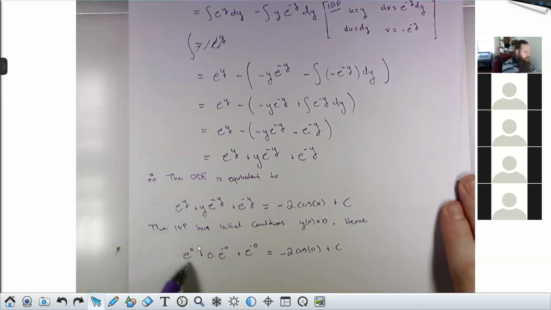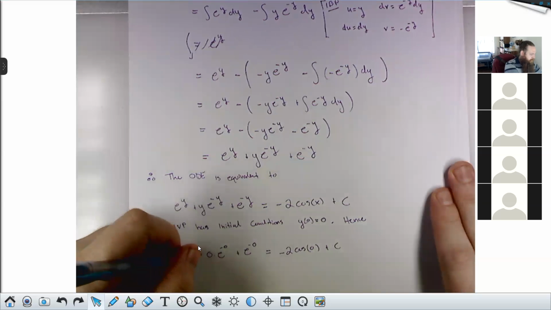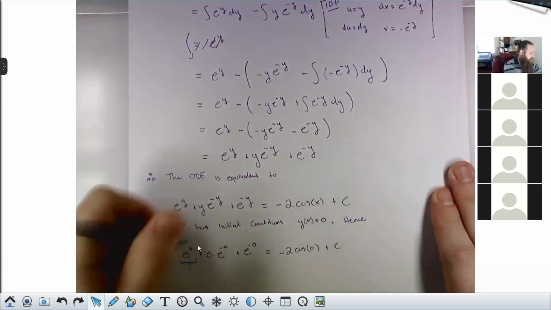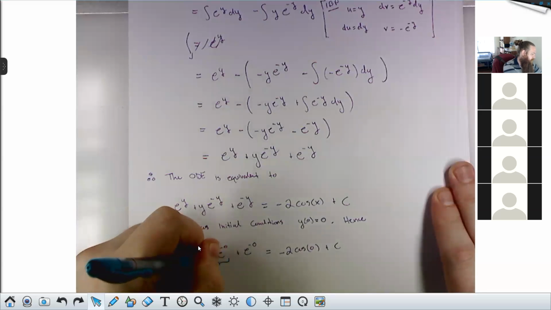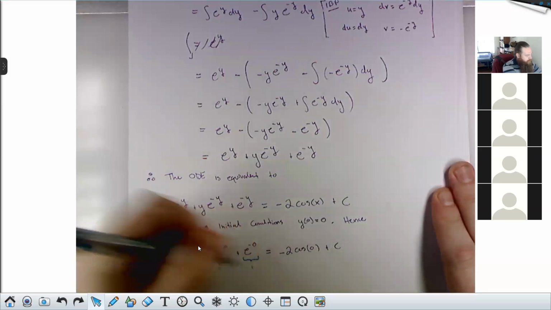E to the 0 is 1. 0 times e to the negative 0 is 0 times 1, and e to the negative 0 is 1. So this is 1. This is 0. This is 1.